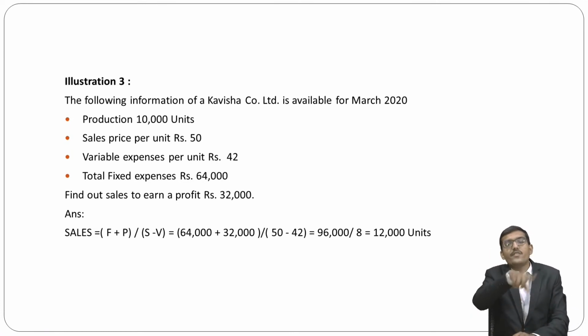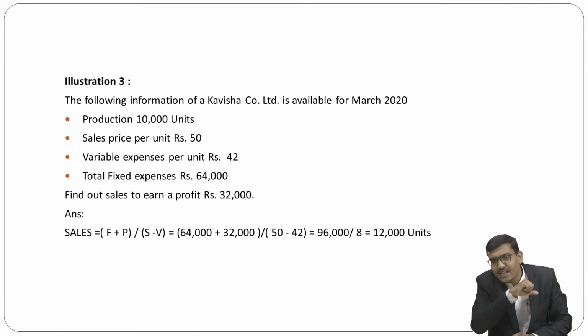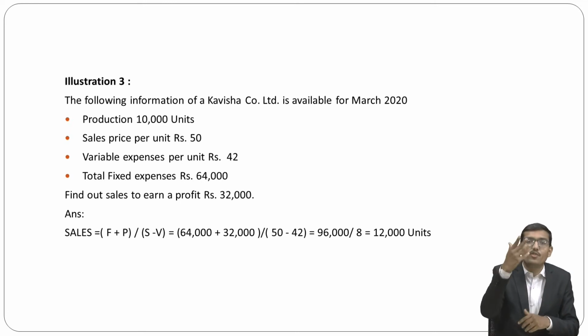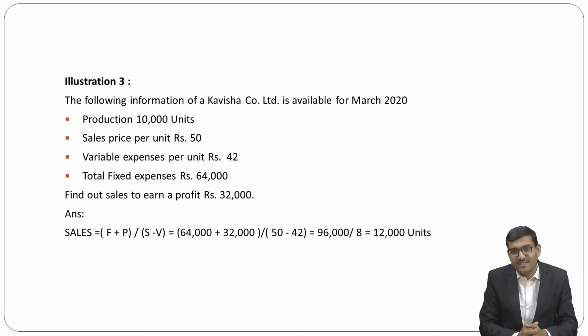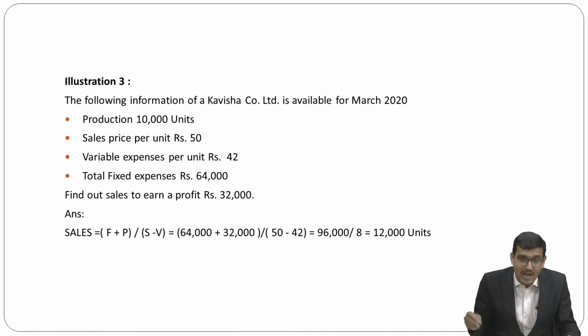Fixed cost less loss divided by contribution. And still you achieve your sales units. Yes or no, my dear friends? It's absolutely right. So here you learn how to evaluate sales at some desired profit, or we can say the loss.